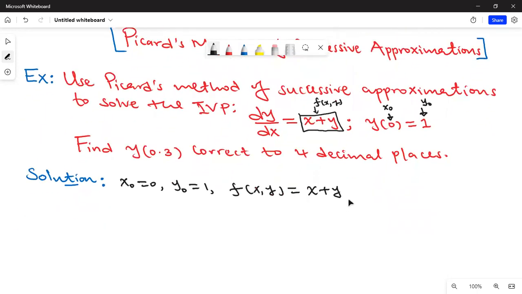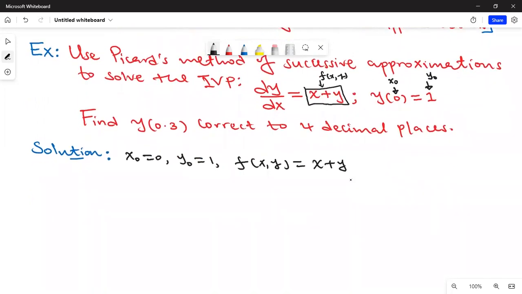So the Picard's method, or simply the iterative method, is that yn plus 1 as a function of x should be equal to y naught plus the integral from x naught to x of f of x, yn as a function of x, dx.